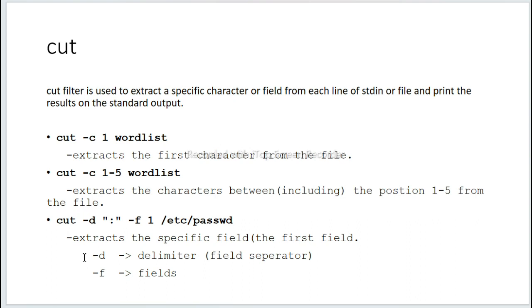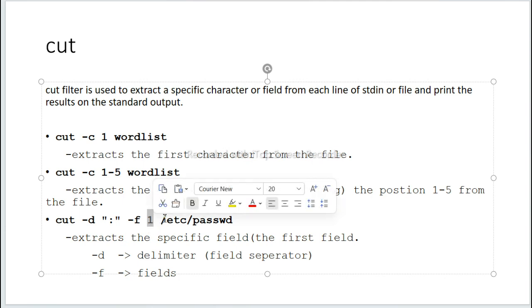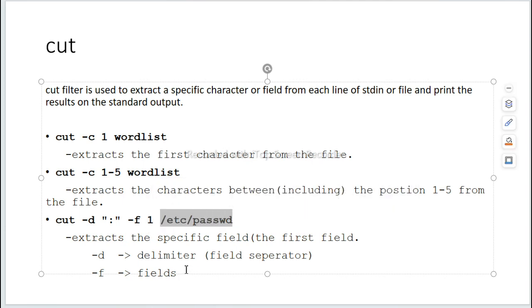Suppose you want to extract based upon a specific field of the file, in that case we have a different option: cut followed by -d followed by the character which is called the delimiter. This -d is used to specify the delimiter in the file, and -f is to specify the field. Based on which field we are interested in, we can specify the field number, followed by the file name.